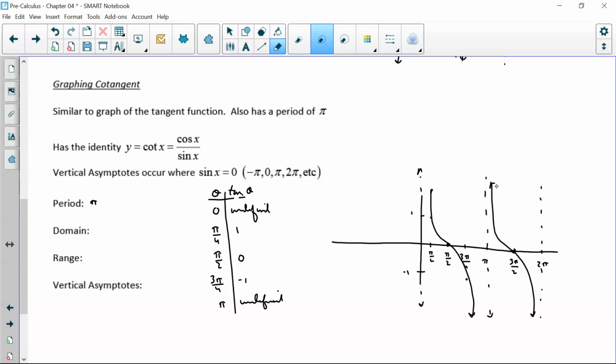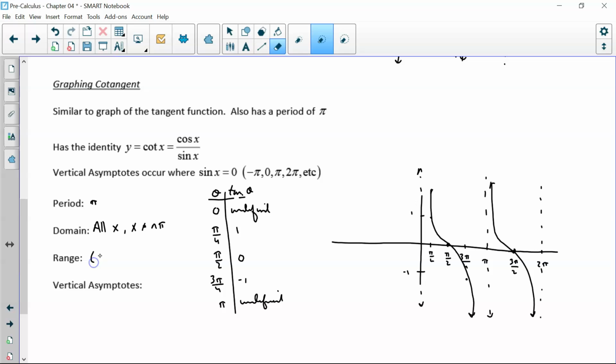So our domain, just like it was for tangent, is all values of x, as long as x is not equal to n pi. If n is 0, it's 0. If n is 1, it's pi. N is 2, it's 2 pi, and so forth.